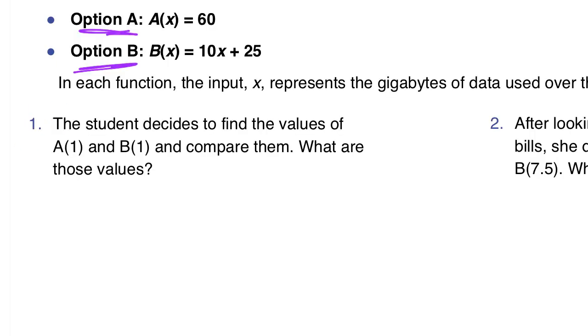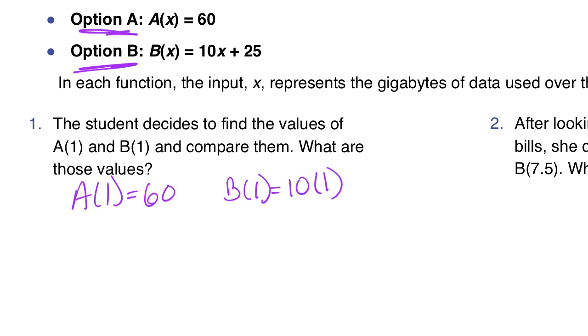In number 1, the student decides to find the values of A of 1 and B of 1 and compare them. So looking up here, we have function A. A of 1 is going to equal, notice that there is nowhere here to plug in X, all we have is 60. B of 1 is going to equal 10 times 1, I'm plugging in 1 here for X, plus 25.